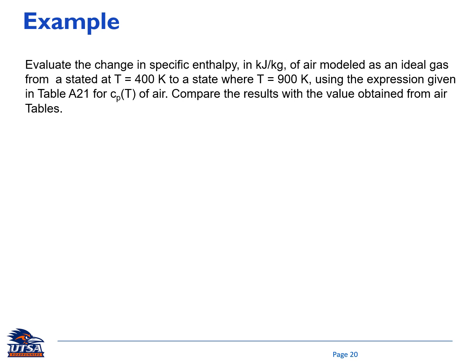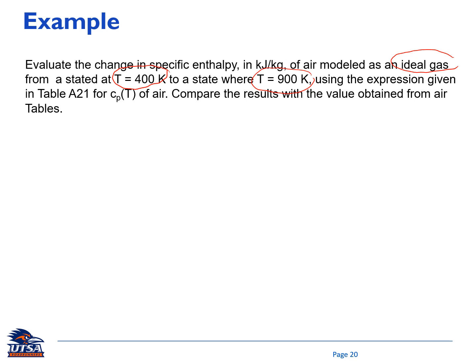Let's have a look at this simple example. Evaluate the change in specific enthalpy in kilojoule per kilogram of air, modeled as an ideal gas, from a state at T equal to 400 Kelvin to a state where T equal to 900 Kelvin, using the expression in table A21.